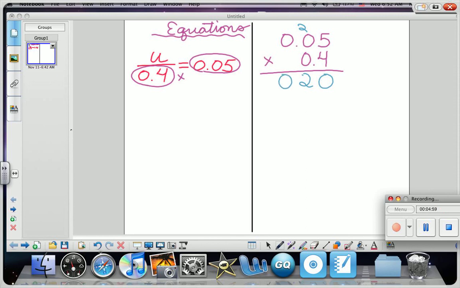Now I'm going to keep my place, move over to this section now. 0 times 5 is 0, 0, and 0. Now I add 0 plus 0 is 0, 2 plus 0 is 2, 0, and 0. Now remember, when we multiply decimals, we take 2 numbers plus 1 number for a total of 3 decimal movements.